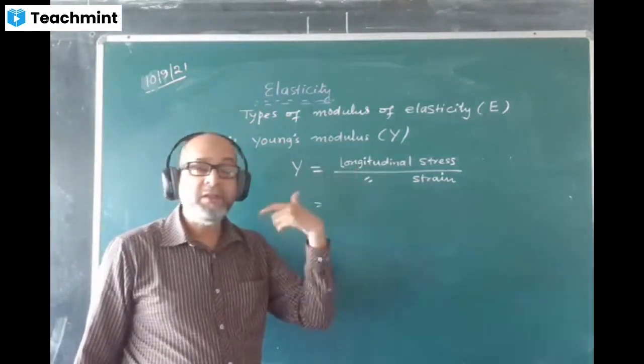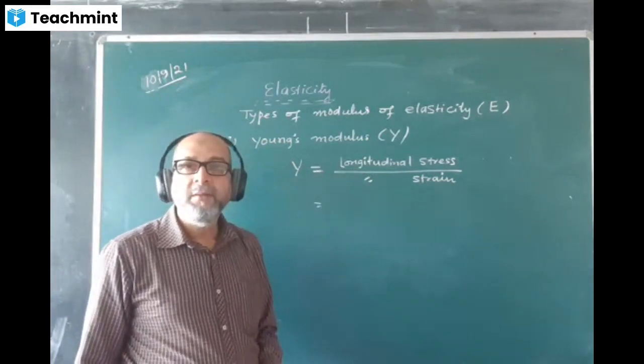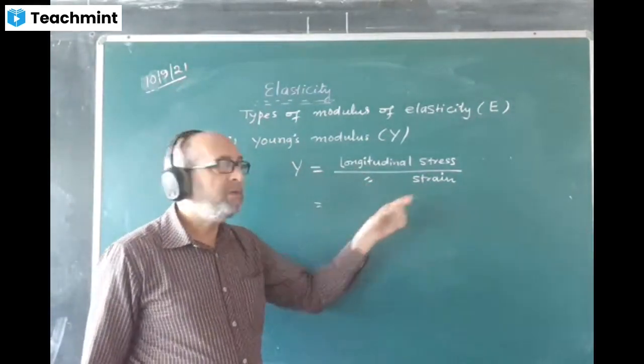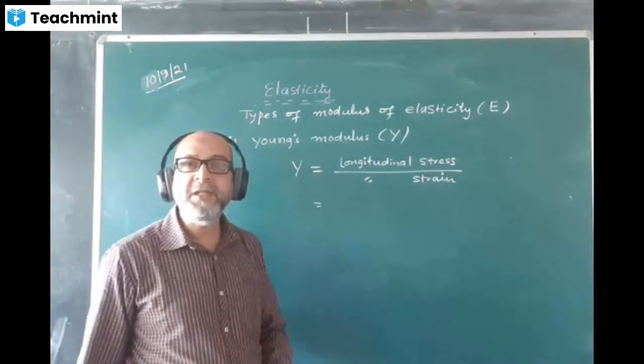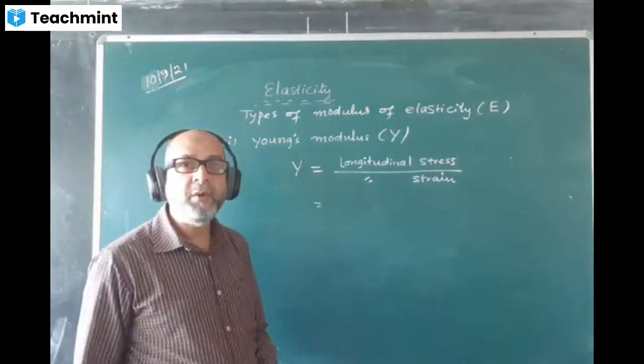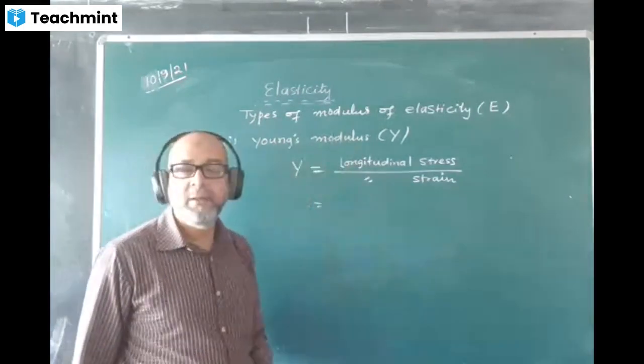Longitudinal is lengthwise. Longitudinal stress is when you are applying a stress, that means you are giving a pressure and you are changing its length. Such a modulus will be called Young's modulus.